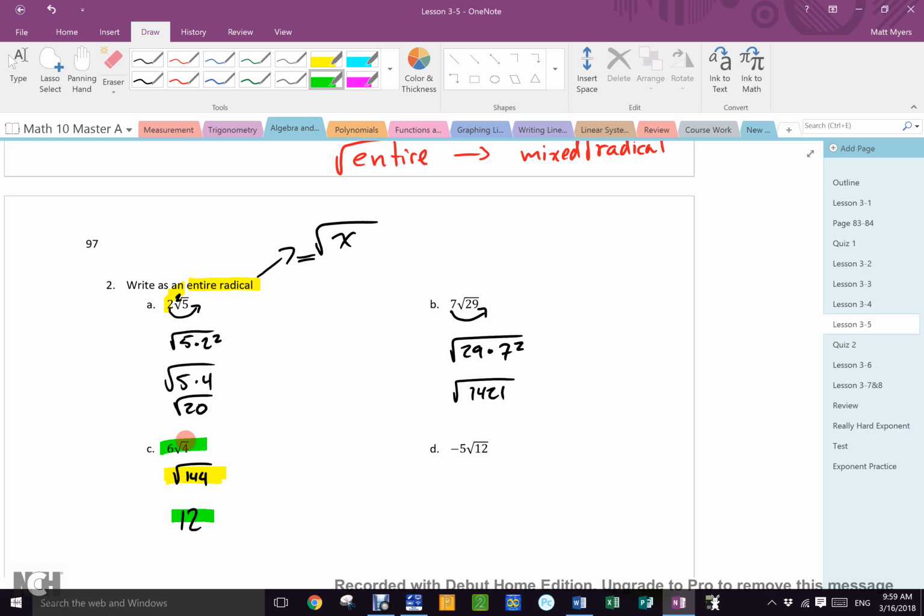Okay. I want you to try D, because there's a little trick in D that makes things slightly different. I want to see if you can figure it out. You know how to deal with D, believe me.